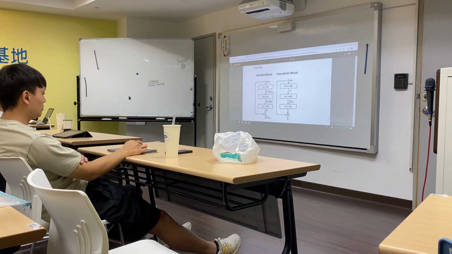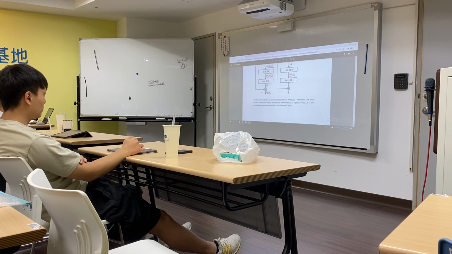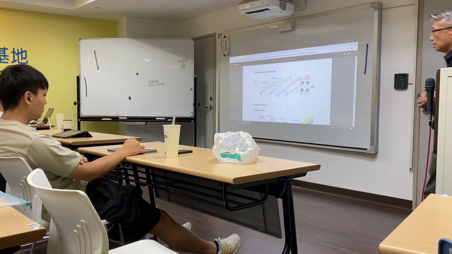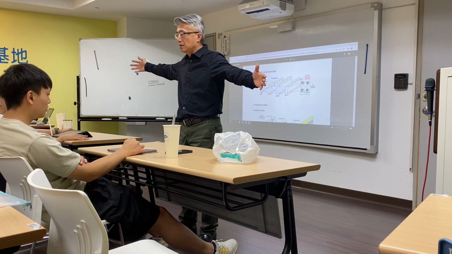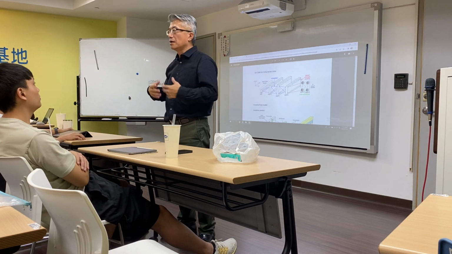So the convolution next. Let's go to the example. 1D CNN is for time series data. Say there's 1D data covering 1 year or 2 years.